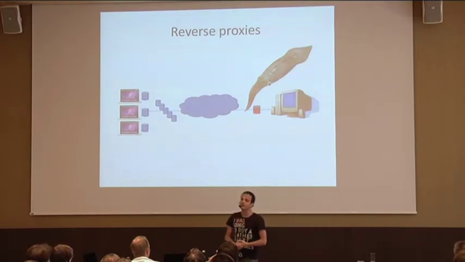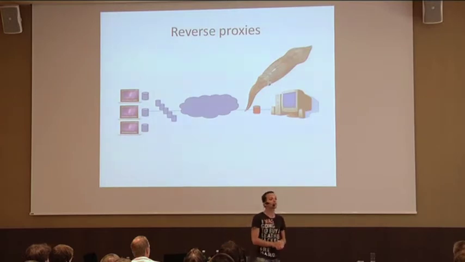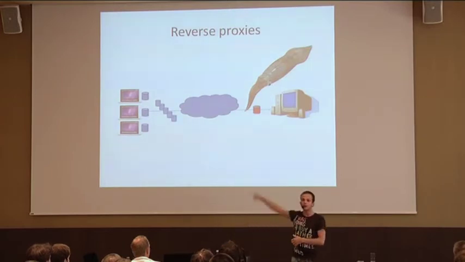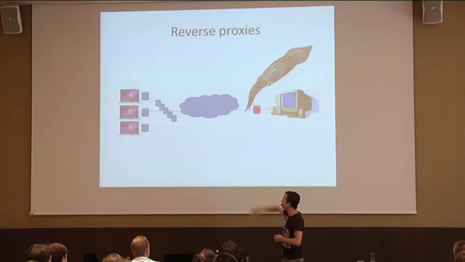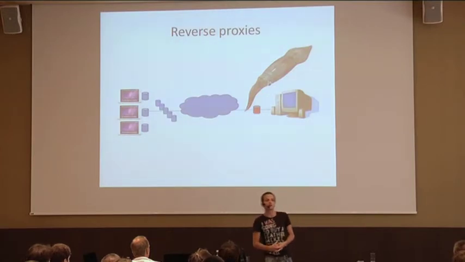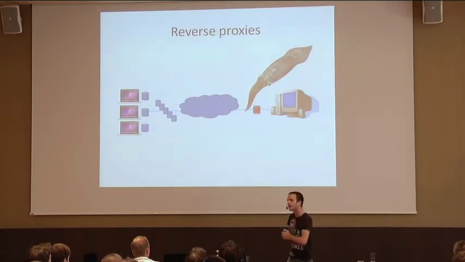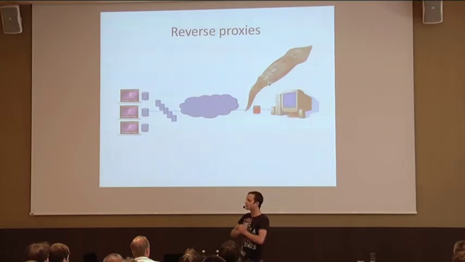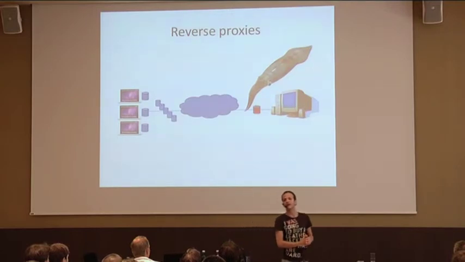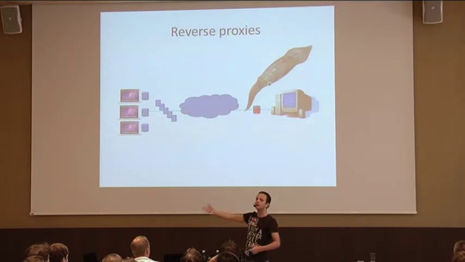We use reverse proxies to pretend that the reverse proxy is our server. So this little guy here is going to live inside your company, in front of your servers. It's going to see if it's got a cached response already, and it's going to reply if it has something that is still valid. If it doesn't, then it will go to your server.